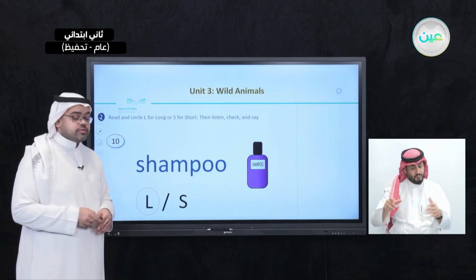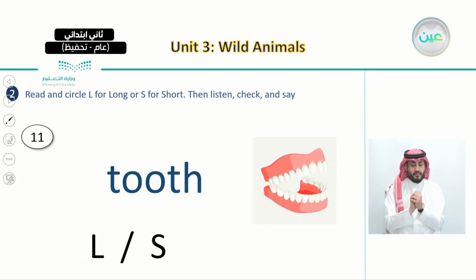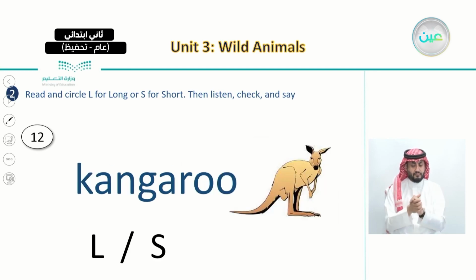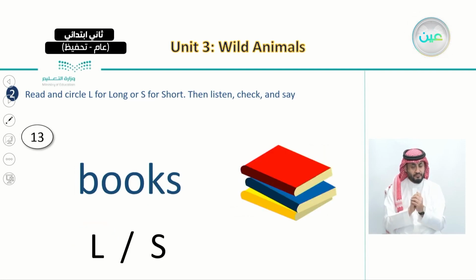It is, of course, the long form. And 11, tooth, tooth, tooth. Tooth goes with the long form. And number 12, kangaroo, kangaroo, kangaroo. Kangaroo goes with the long form.